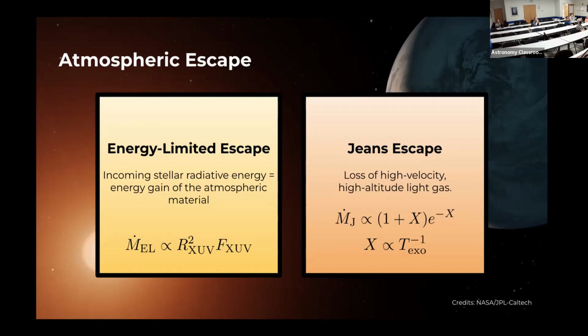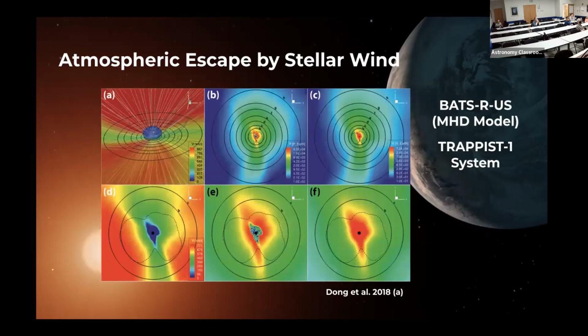So what we ended up including for atmospheric escape were these more in-depth magnetohydrodynamic (MHD) simulations that were done by this group in 2018 to really model the stellar wind. From our simulations and from this work, it's likely that the stellar winds have a big impact on the atmosphere.